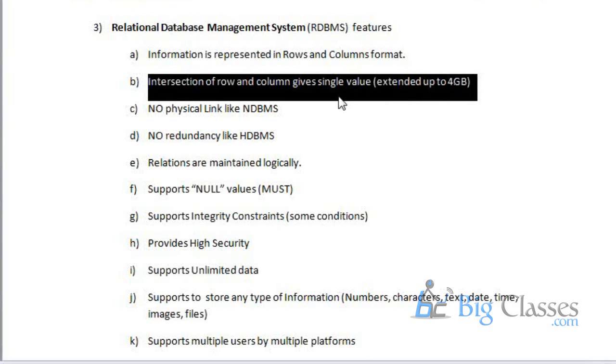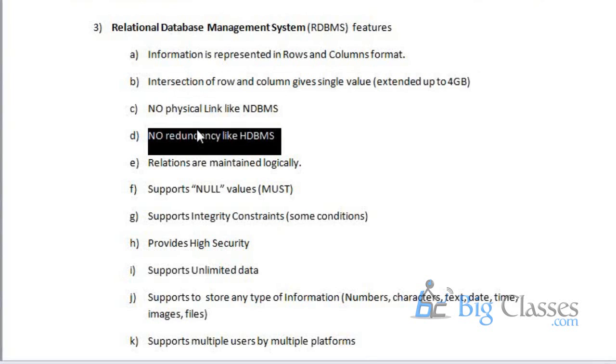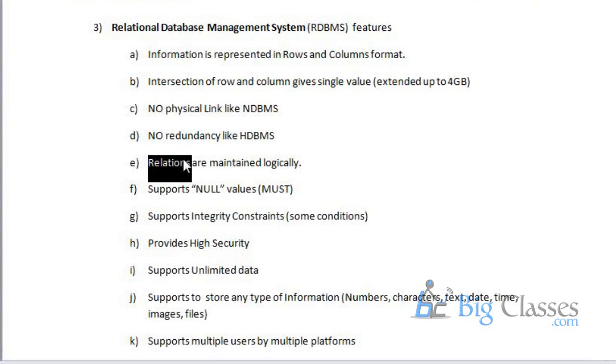Like the network model, there are no physical links. Data redundancy is also reduced. That is, there is no redundancy in RDBMS. Then relations are maintained logically.